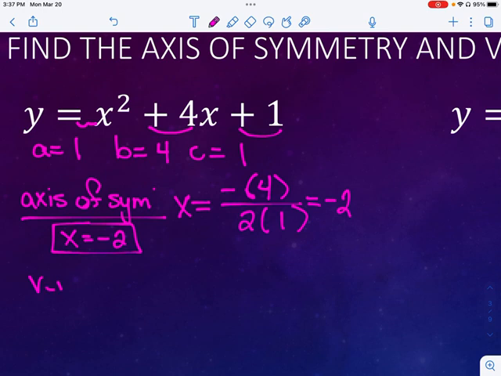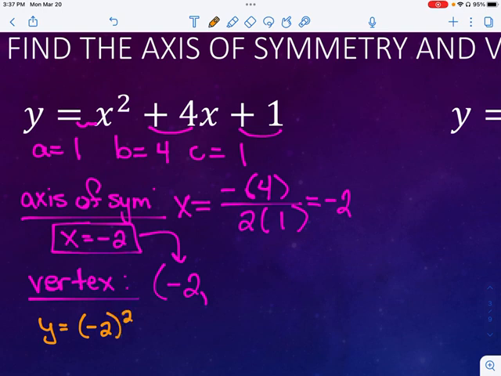Next, we're going to find the vertex. Okay, to find the vertex, remember this x value becomes the x of our vertex. Then what we simply do is we take that negative 2 and we plug it in. So it should look like this. It should say y equals negative 2 squared plus 4 times negative 2 plus 1.